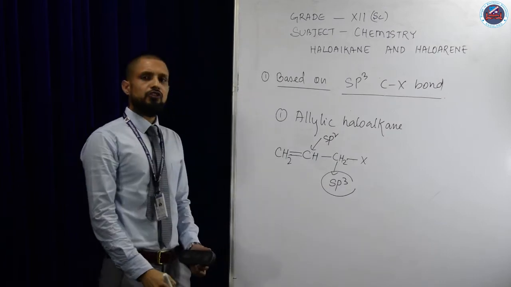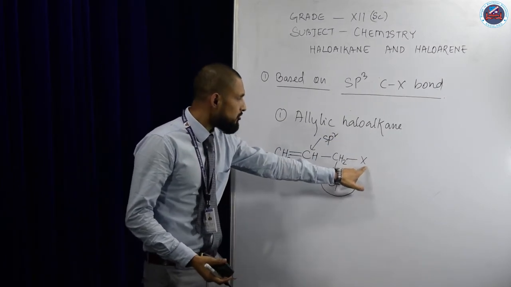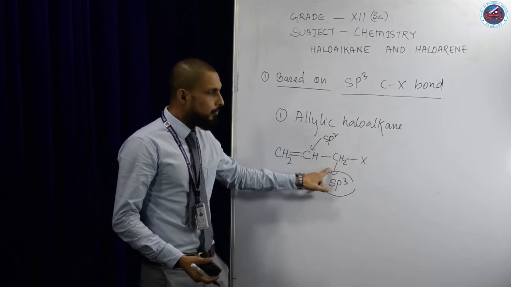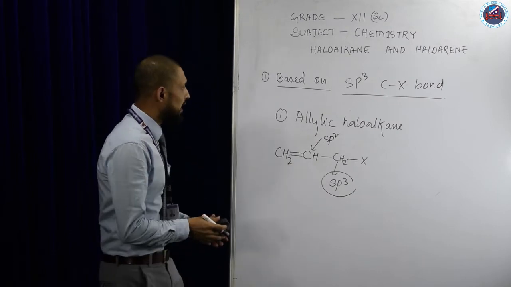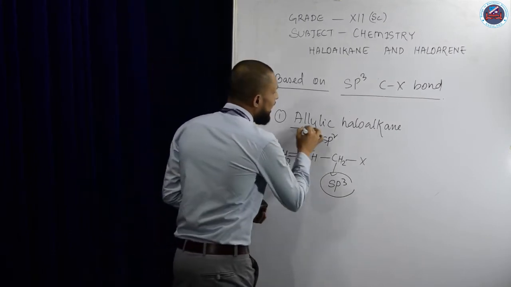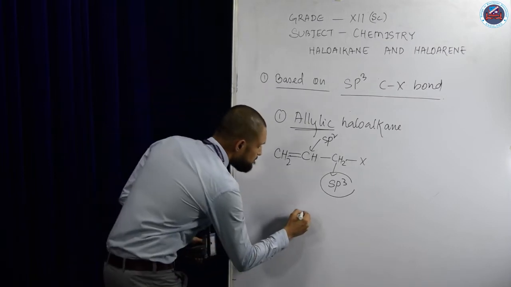So we can say any haloalkane where the halogen atom is attached to sp3 carbon but is followed by sp2 carbon, the haloalkane is known as allylic haloalkane. I'll give one more example.